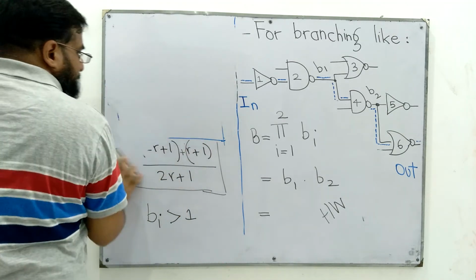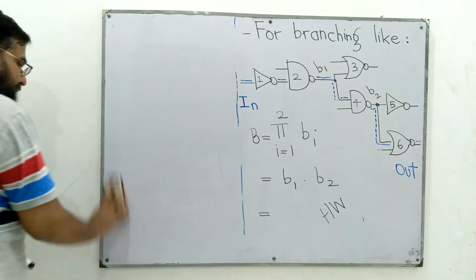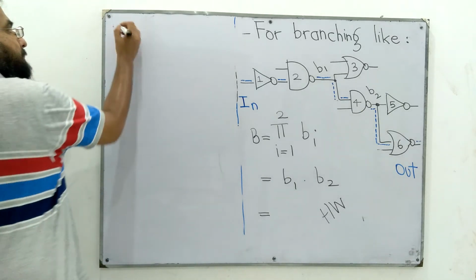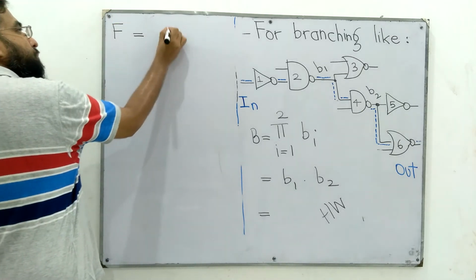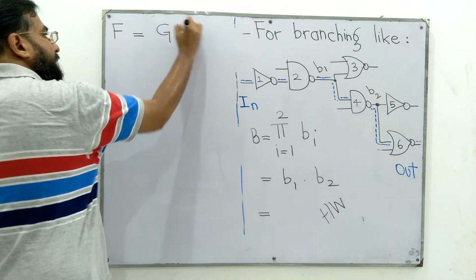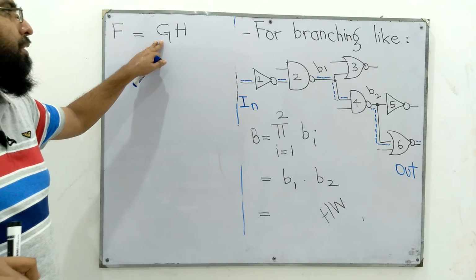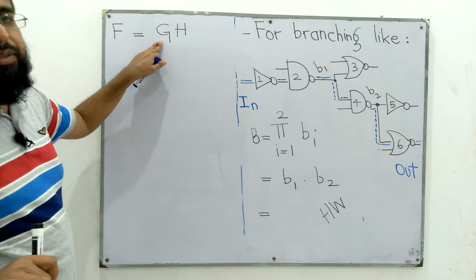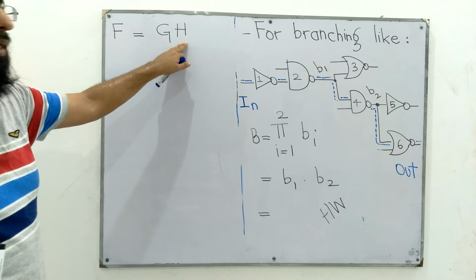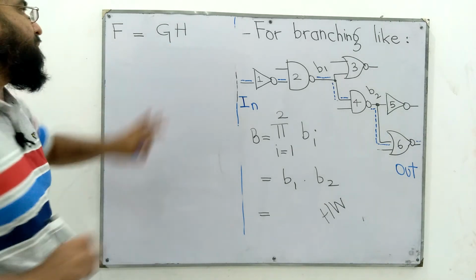Total path effort, we have studied the total path effort F to be the product of G and H, where G is the path logical effort, and H is the path electrical effort.